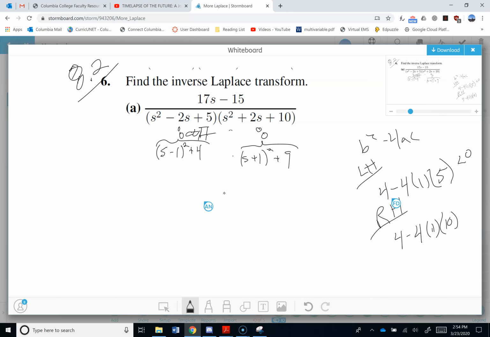And the reason I'm completing the square on things like this is I'm looking in my Laplace transform table and I'm thinking about the e to the lambda t sine or cosine of omega t lines.